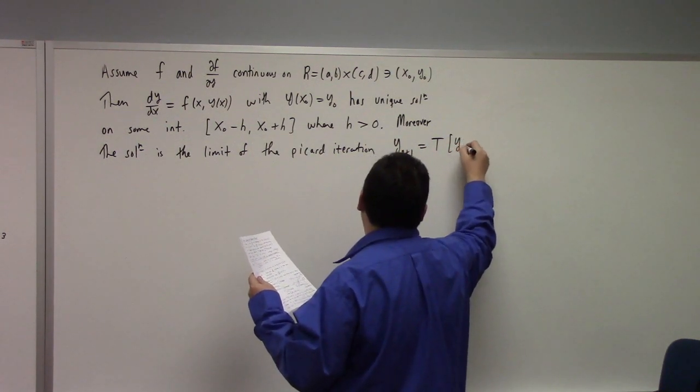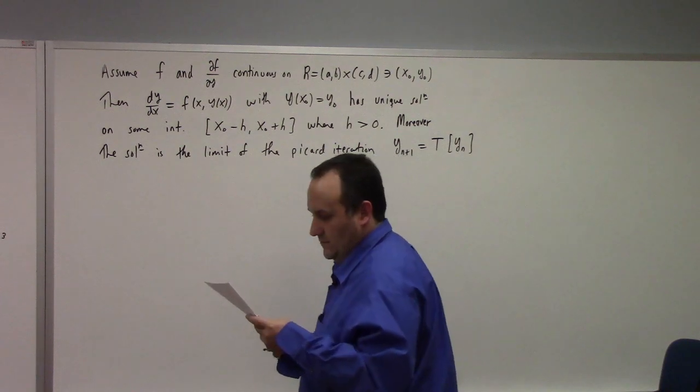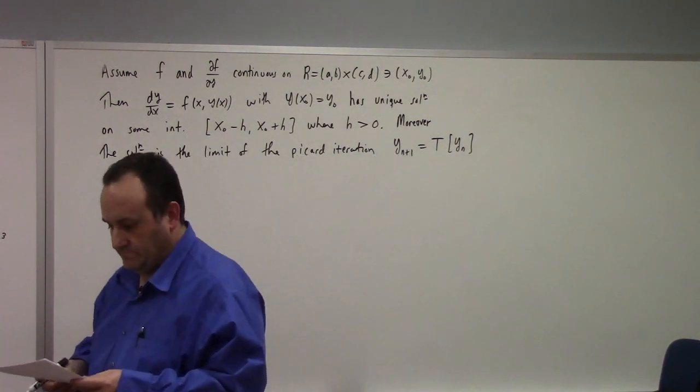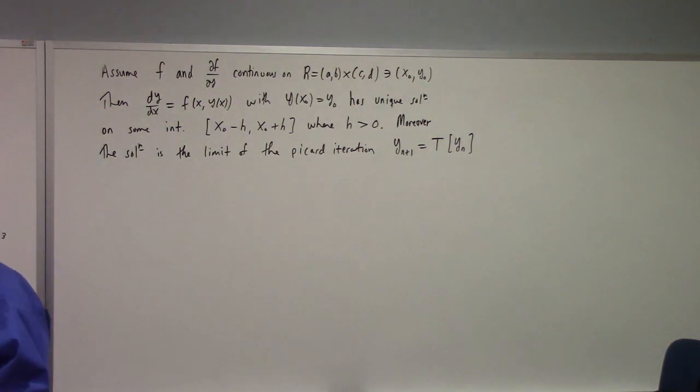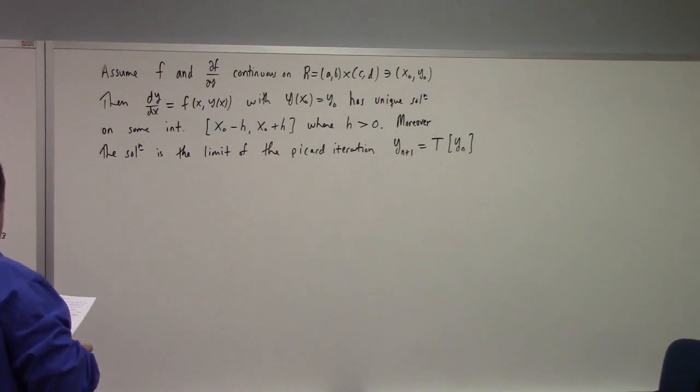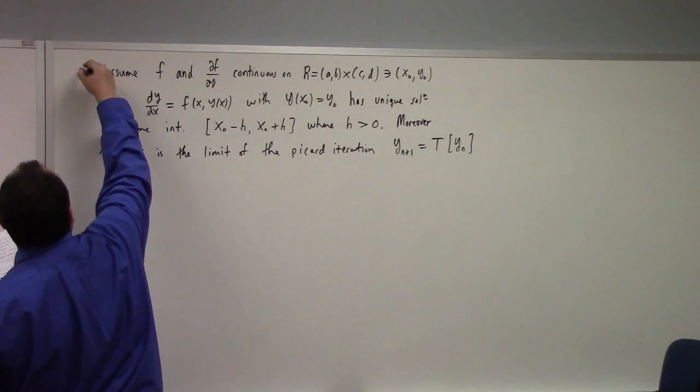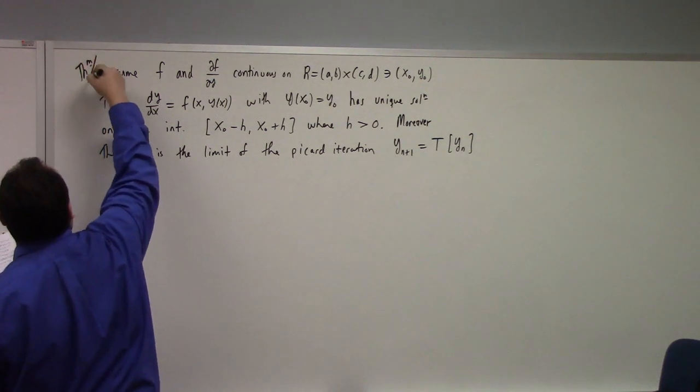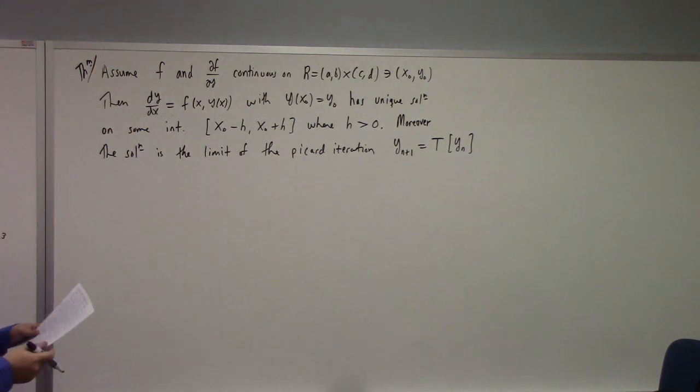And here the t is defined as I defined it to start with today, yeah? All right, so this is the existence and uniqueness theorem that we sometimes state at the start of differential equations, right? If you think about it. And so, here we go.